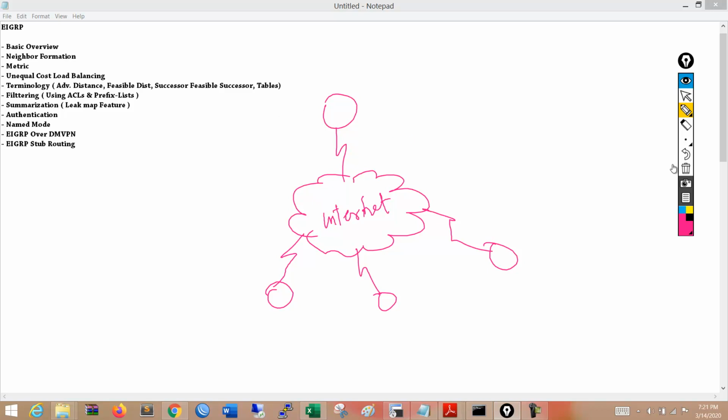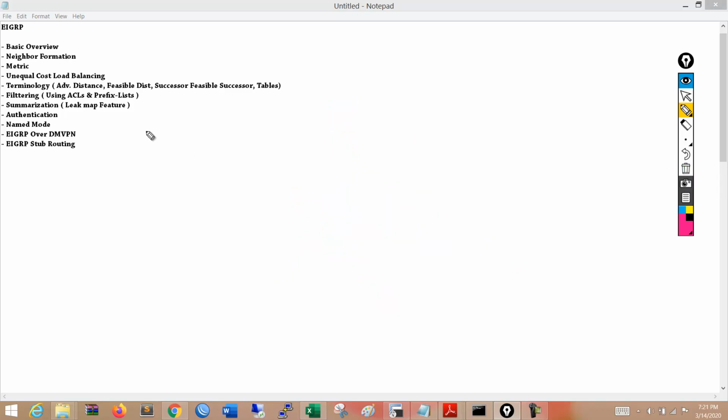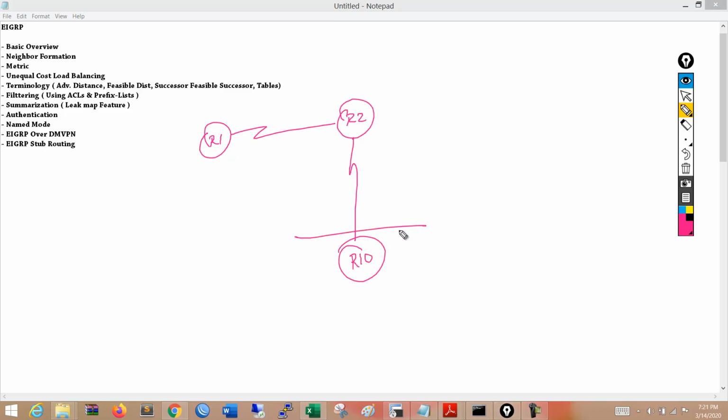And then EIGRP stub routing deals with, okay, I have to calm down to explain this. So if router 1 is connected to this network and router 2 is just connected to this branch office, let's say it's router 10, that only services the branch office routers, and its only exit to the core is via router 2.